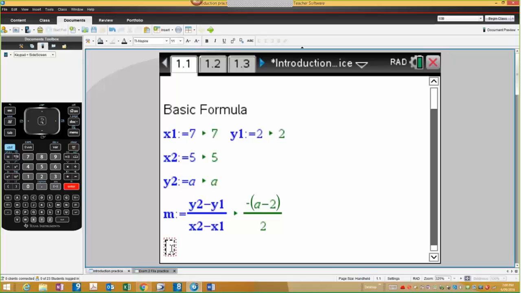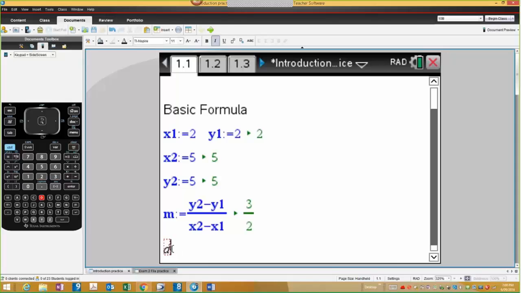Now if I do another example using this information, I'll change back to what it was. Sorry, I'll change that to a 2 and make that 5 again. So perhaps we'll look at the distance between the 2 points.